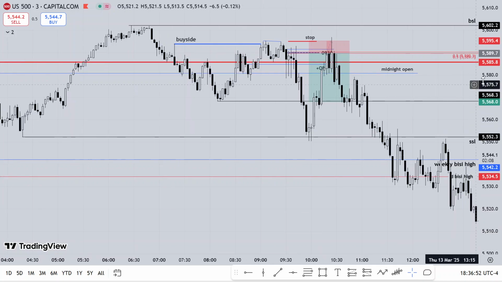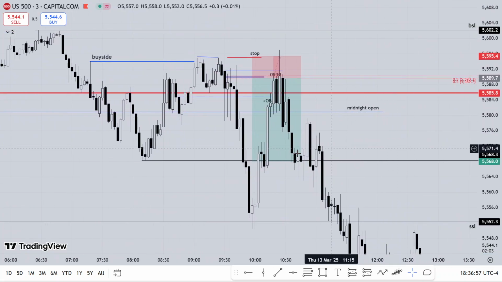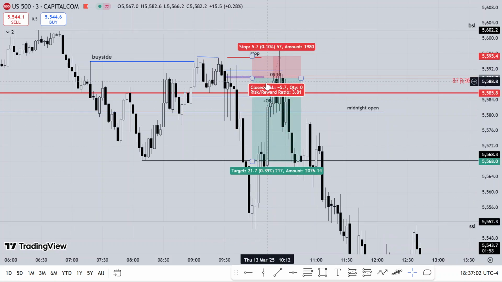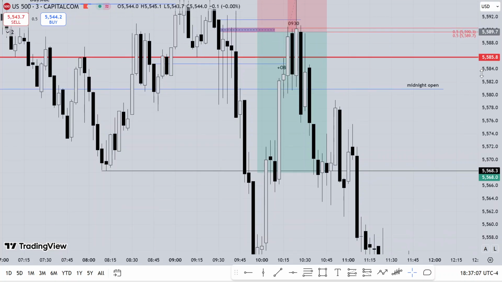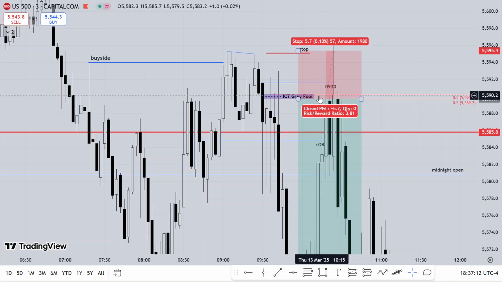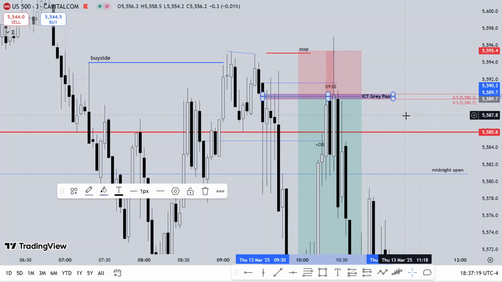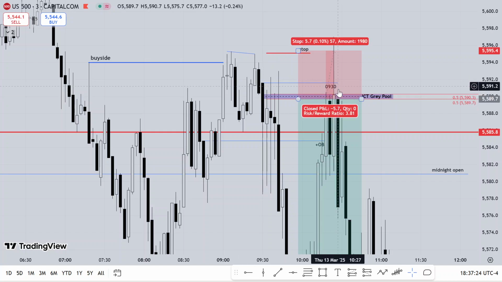So as I was saying, during the 10 a.m. to 11 a.m. trading window, price after taking out our sellside liquidity rallied once more again. And if you pay attention closely, you would see the bodies of the candles respecting the gray pool, the high and the low of the gray pool. Price is failing to trade outside of this trading range. The wicks do the damage, the body tells you the story.